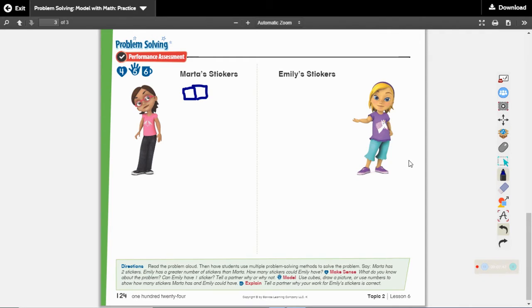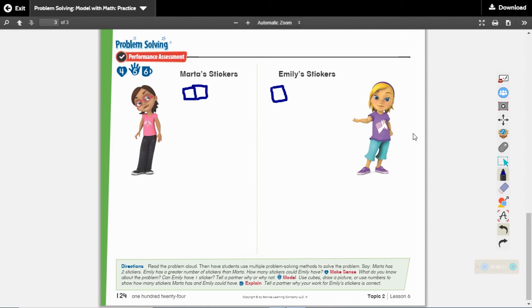Can Emily have 1 sticker? Go ahead and draw 1 sticker for Emily. This is number 4. Draw 1 sticker. Now if Emily has a greater number, a bigger number than Malta, can it be 1? No, because that's a smaller number, isn't it?